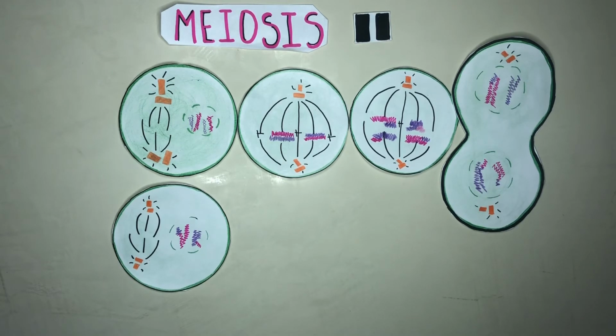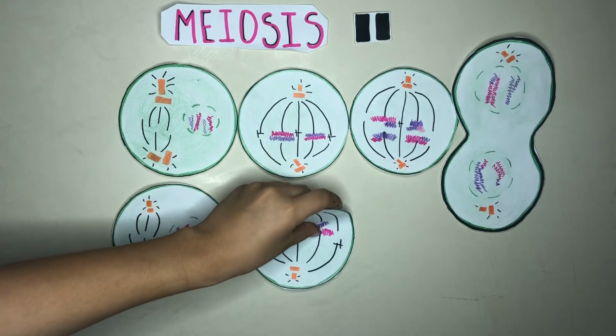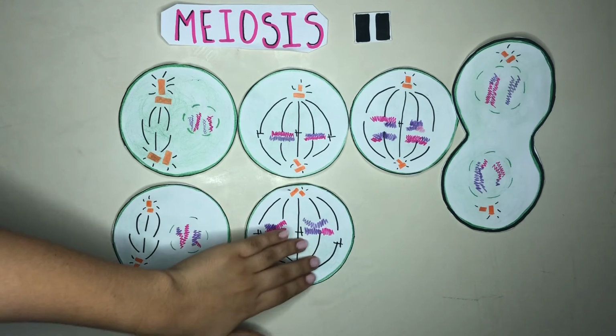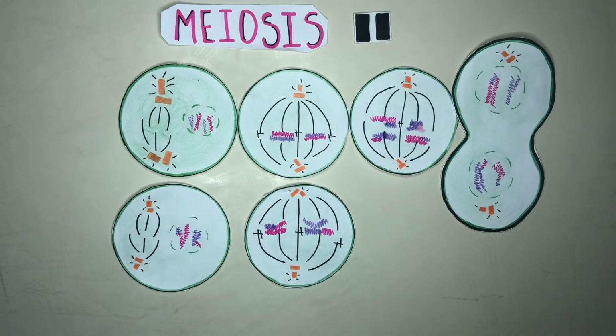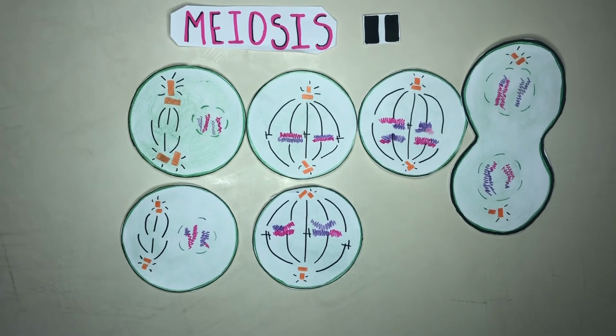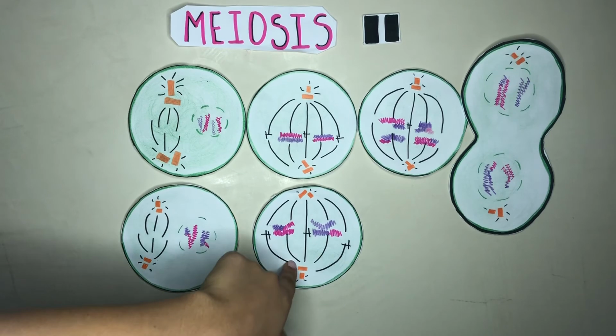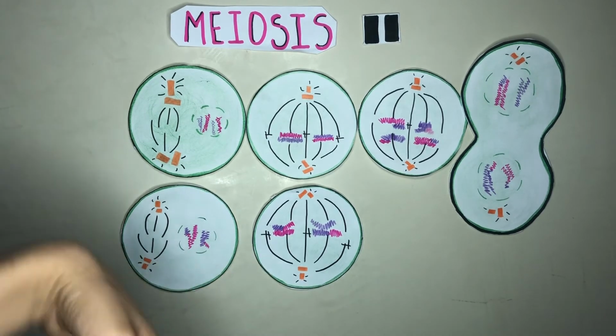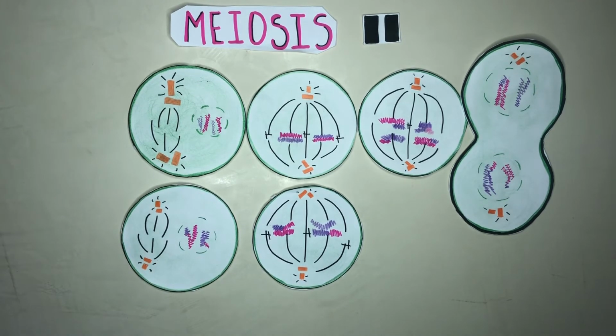Then we have the metaphase 2. Here we have the metaphase 2, and in this phase the chromosomes line up at the metaphase plate. They are lined up and condensed at the same time. Then we have the anaphase 2.